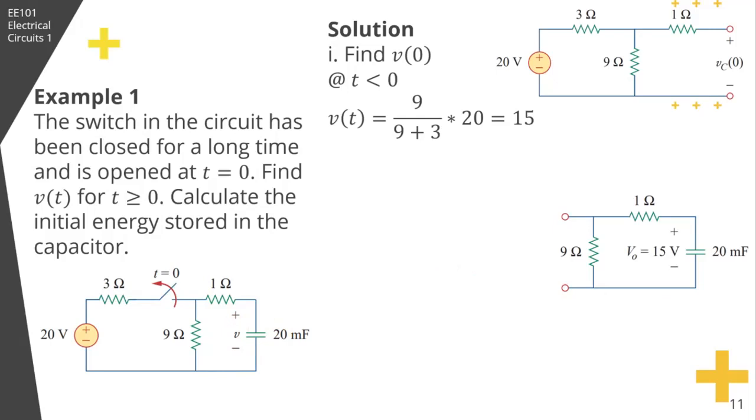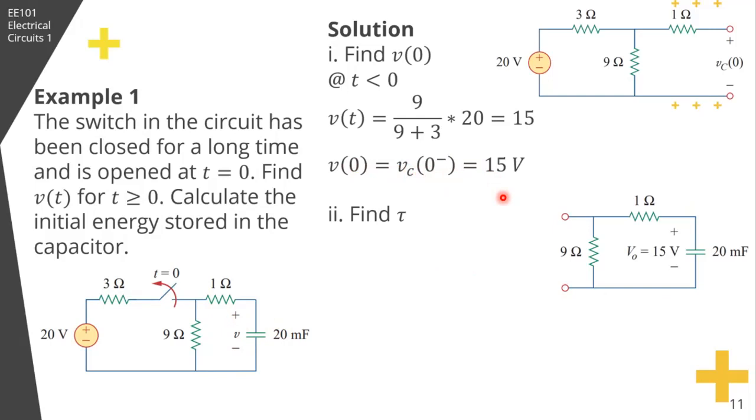Okay, so V at 0 is just equal to V sa imong capacitor at 0 minus, that's just immediately before 0, and that's equal to 15 volts. Ngano ganina nakabase na sa katong property sa capacitor nga dili abrupt nga mo change ang iyahang voltage.